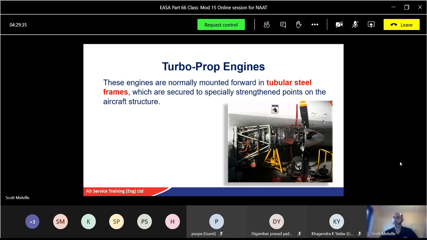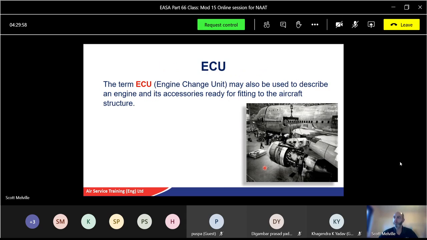Forward, tubular steel frames, again securely strengthened points at the structure. By having the zigzag effect of the cage, although it's quite a heavy engine, because of the design of the cage, it supports it all. So again, tubular steel frames and accessories ready for the aircraft structure. Okay, that's a typical turboprop.